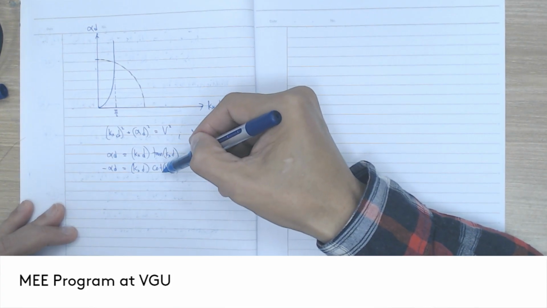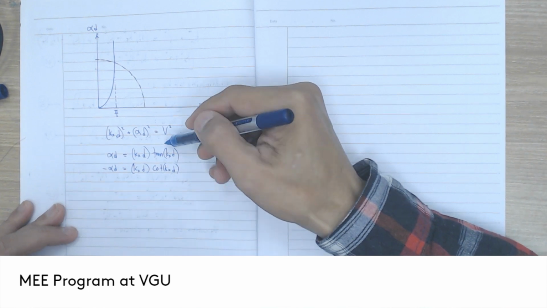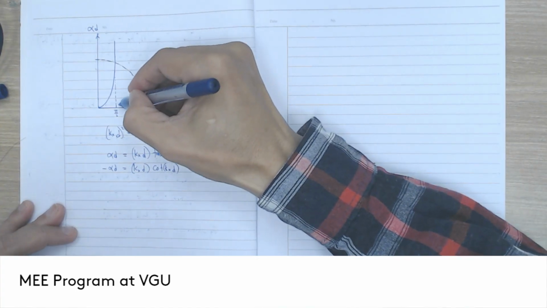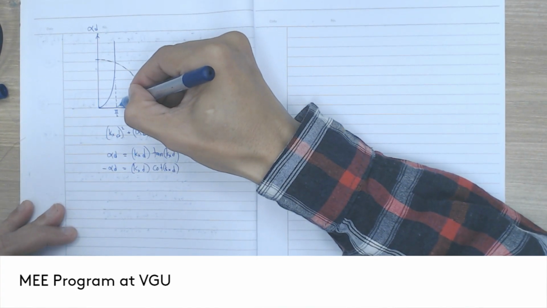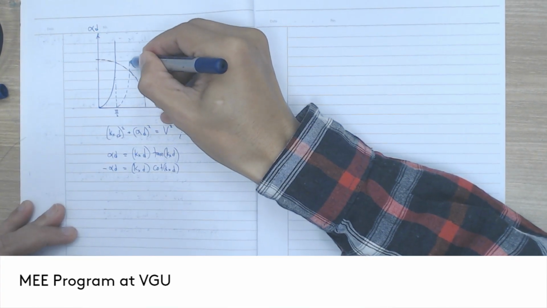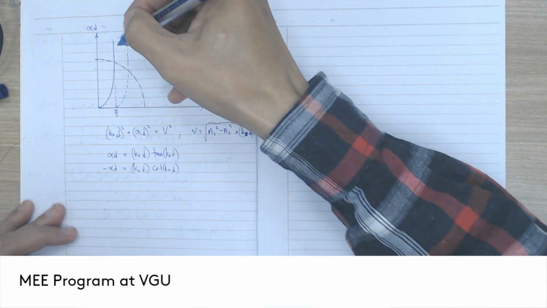Then you will end up with infinity, or pi, 2 pi. So here it is equal to pi, sorry. So this is the second one.